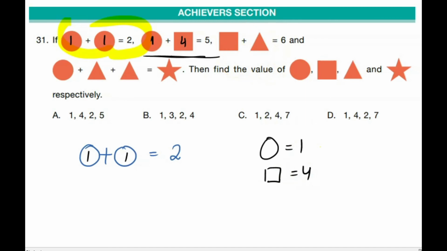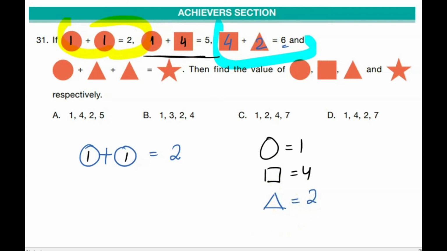Now next, here we have a square and a triangle that when we add them gives 6. We know that square is 4. 4 plus what gives us 6? 4 plus 2. So the triangle is equal to 2.